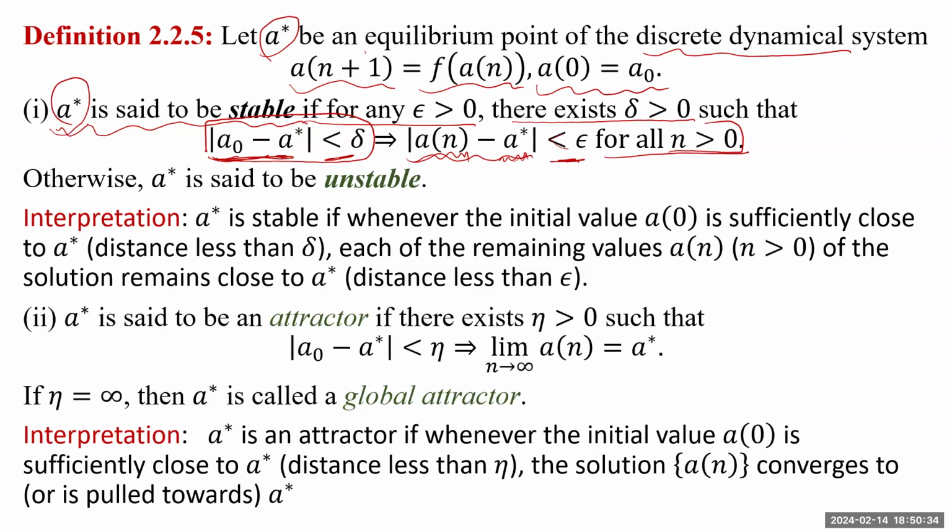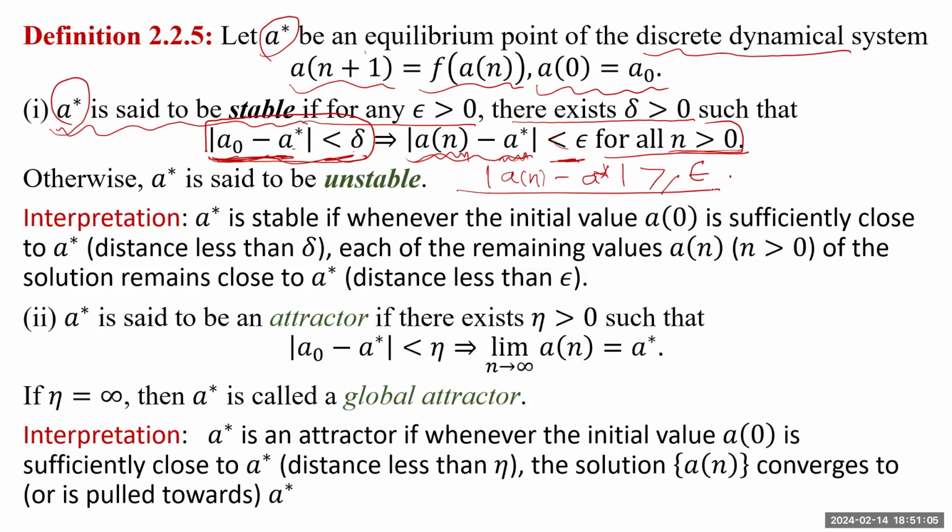Otherwise, what happens sometimes? The distance between the initial condition a_naught and a* is less than delta. But what happens as n increases, this distance |a_n - a*| is greater than or equal to epsilon.